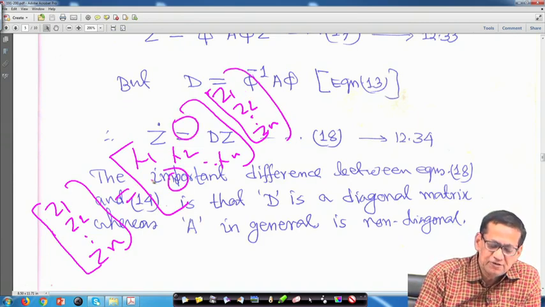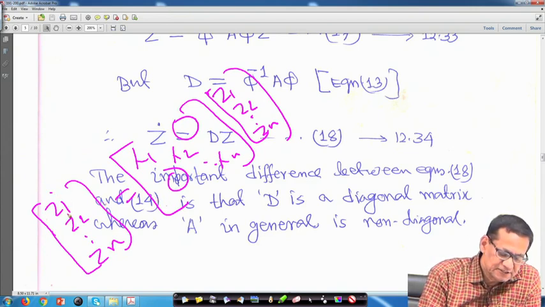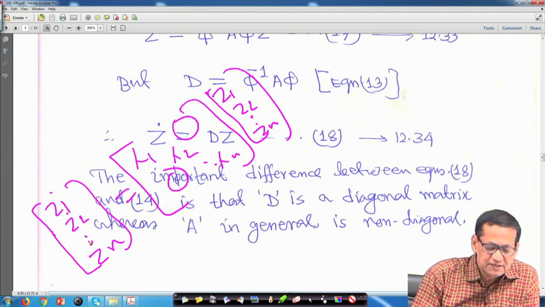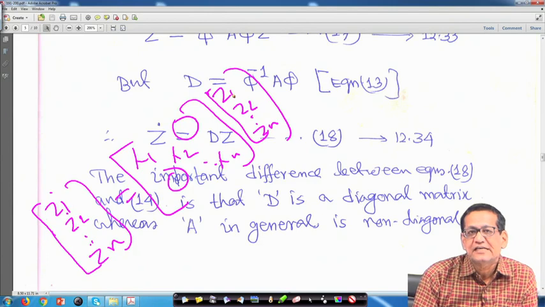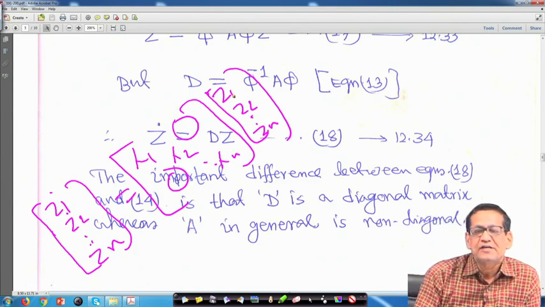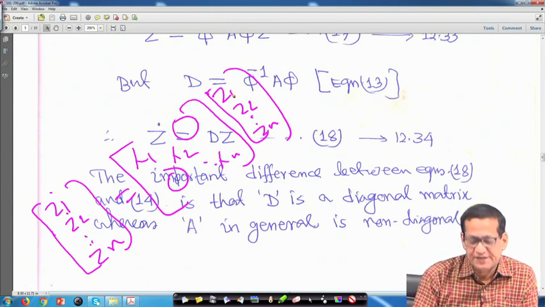Therefore, z 1 dot will be equal to lambda 1 z 1, z 2 dot will be lambda 2 z 2. So z 1 dot is only a function of z 1, no other z's are appearing. So it is completely decoupled.